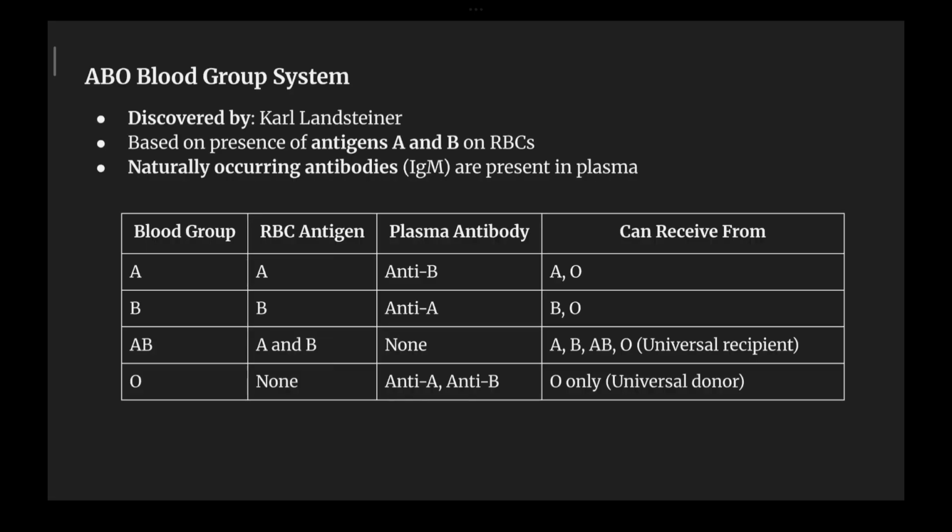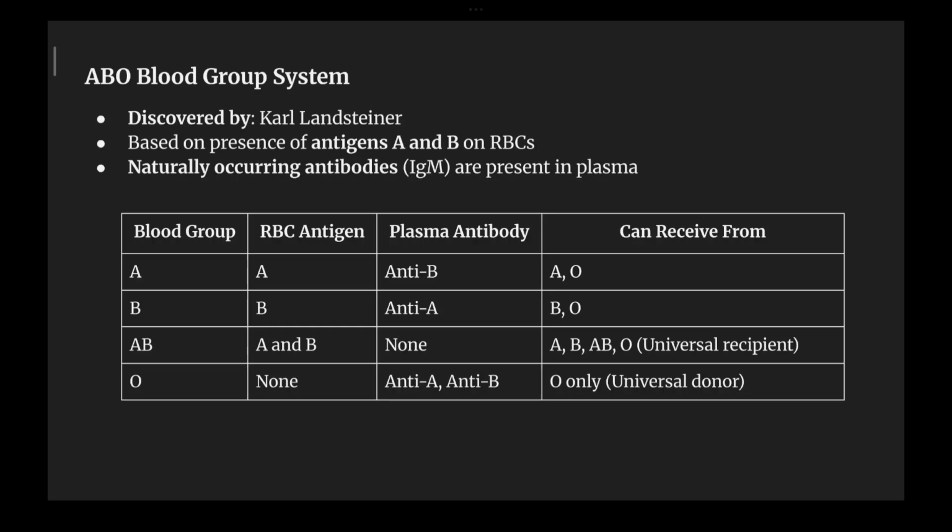A group people can receive blood from the same group or from O group, because O has no antigens on its cells and no reaction can happen. Blood group B has B antigen on the red blood cell and anti-A antibody in the plasma, and can receive from its own type or from O group.